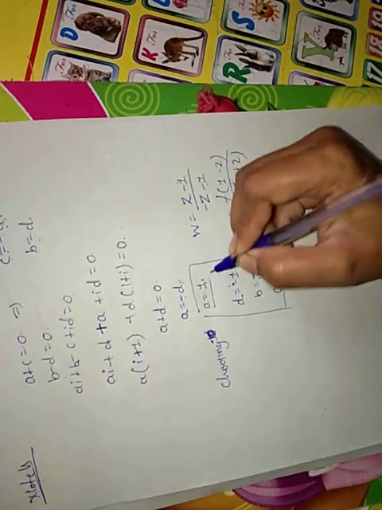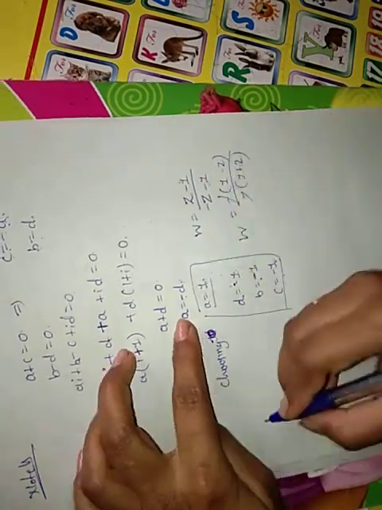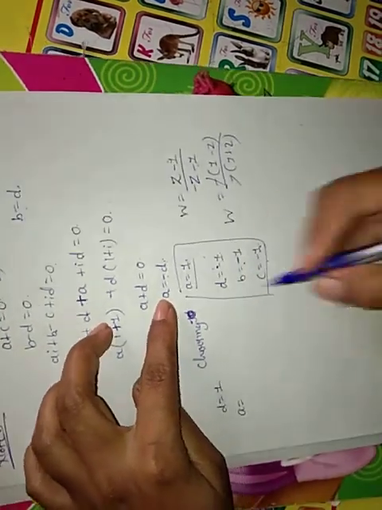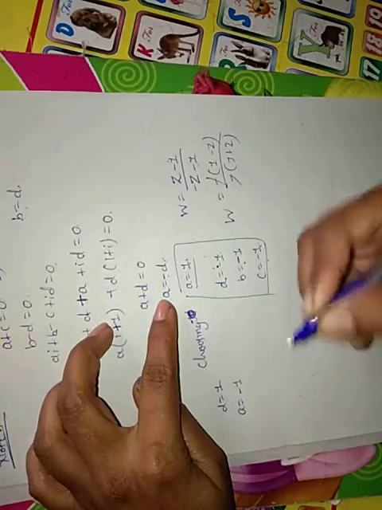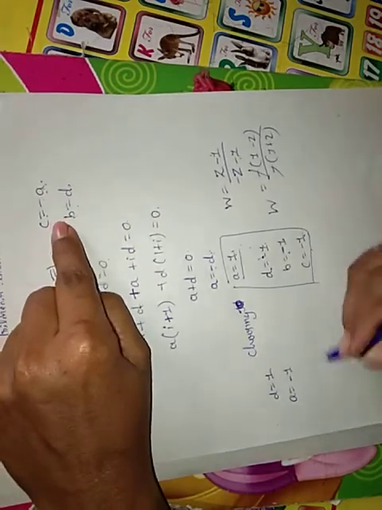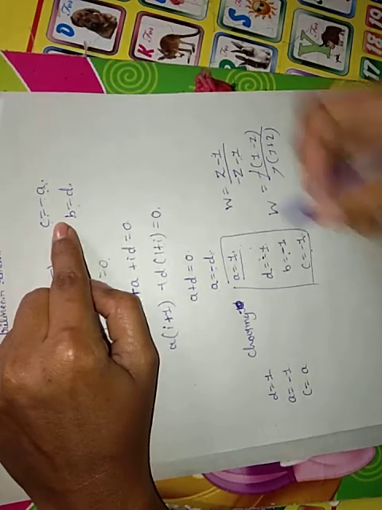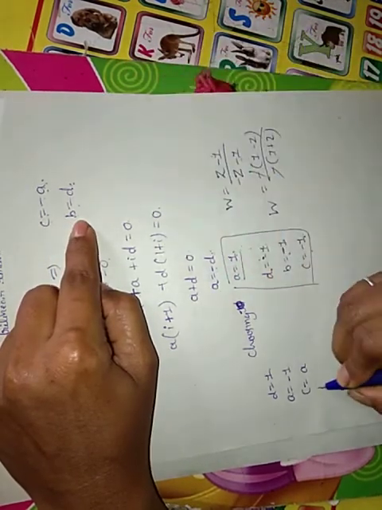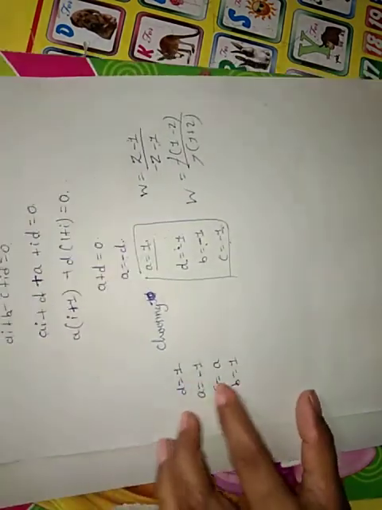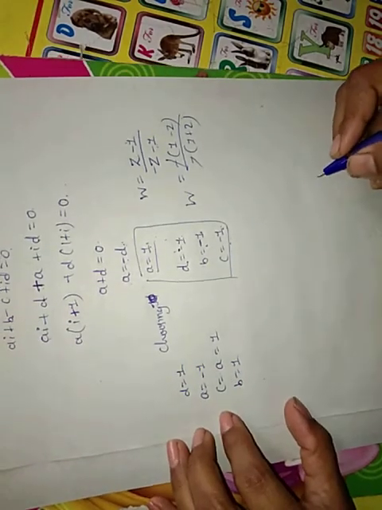So there is no restriction to choose only for a. You can also choose d equal to 1. If you choose d equal to 1, a is minus 1. If a is minus 1, c is equal to plus a. Clear? If d is 1, b is equal to 1.